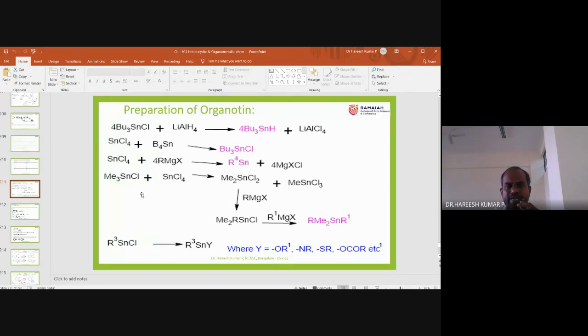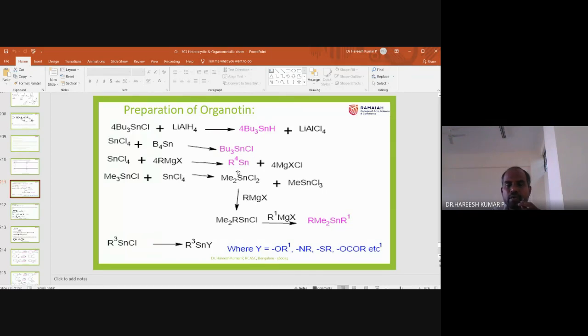Suppose you are treating trimethyl tin chloride in the presence of stannic chloride, what will happen? There will be a bond formation. How? Two methyl groups are replaced with two chlorines.